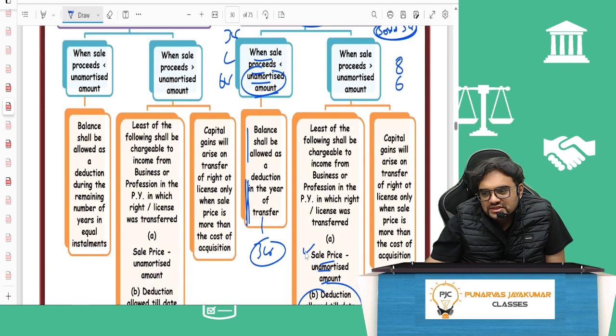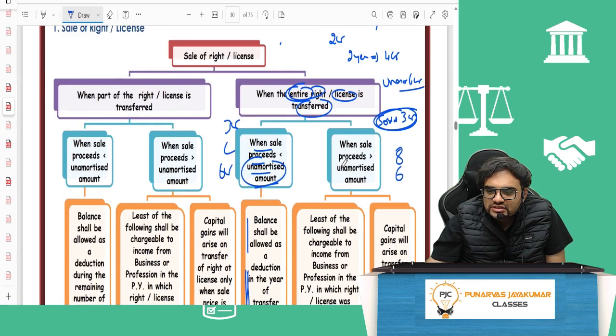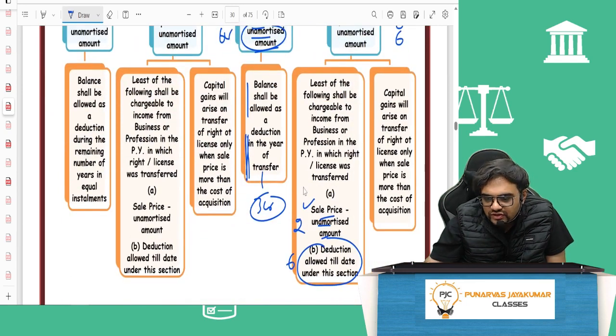What is the sale price? 8. What is the unamortized amount? 6. What is the balance? 2. Or deduction allowed under this section? Whichever is less. Deduction allowed under this section till date, 4.